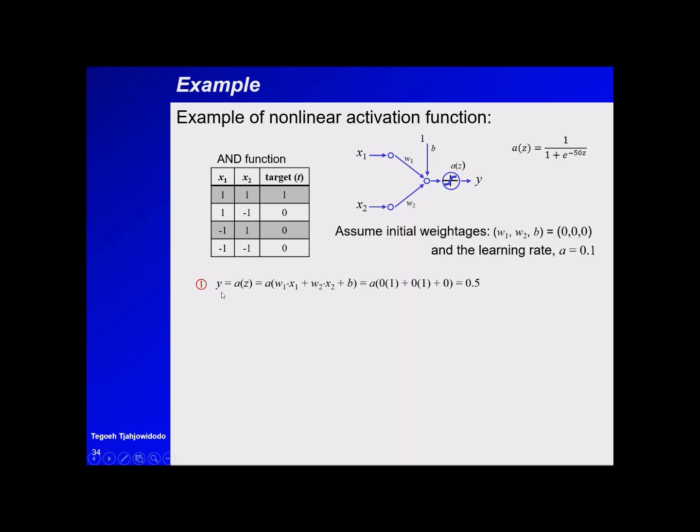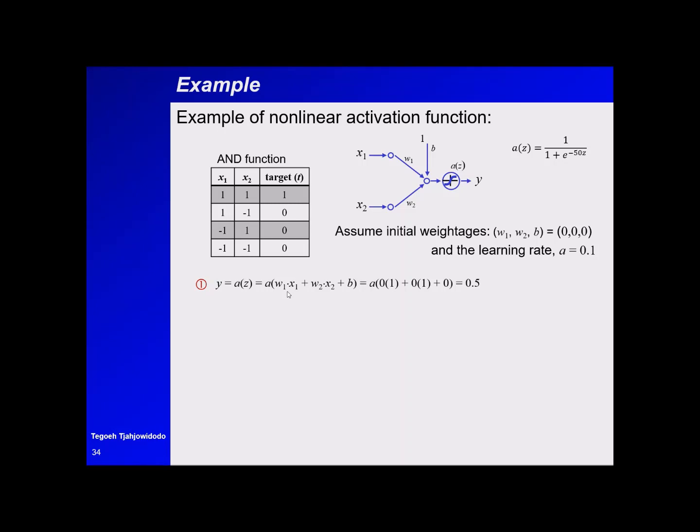In this case, the output y will be equal to the output of this activation function, applied to the output of the node here. I have the inputs x1 and x2 here.